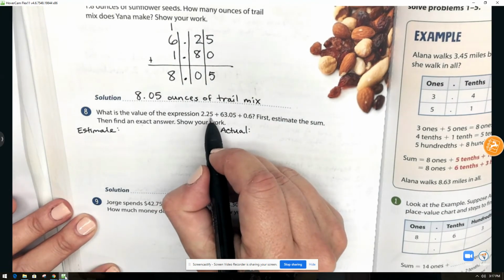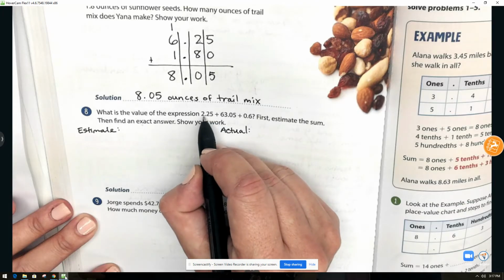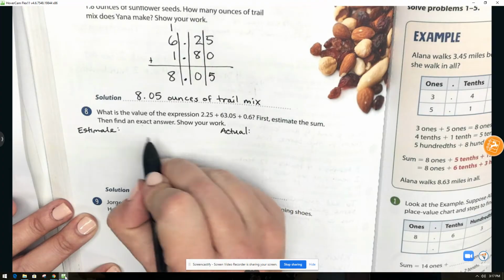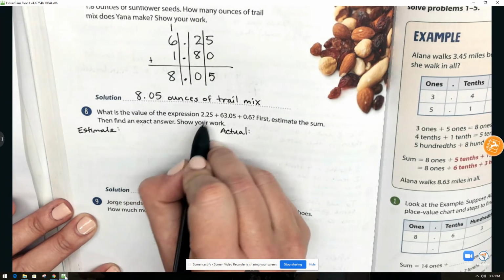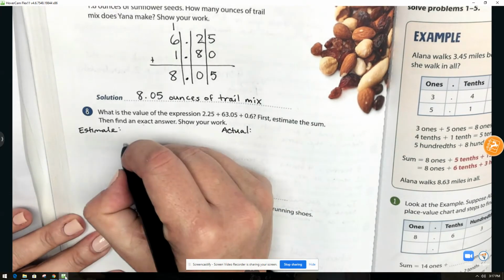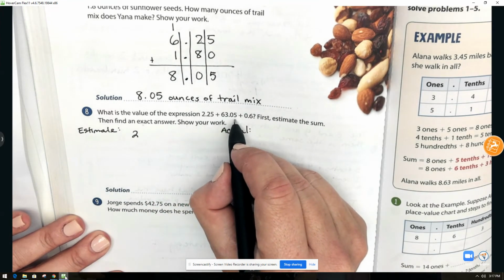So 2 25/100, I know that 25/100 is closer to 2 than it is to another whole, because if I made a number line from 2 to 3, 2 25/100 would be closer to 2 than it is to 3. So I can add 2 plus 63 5/100.